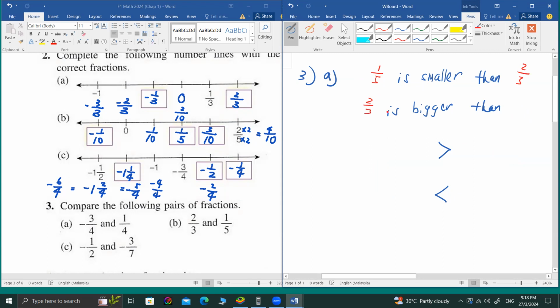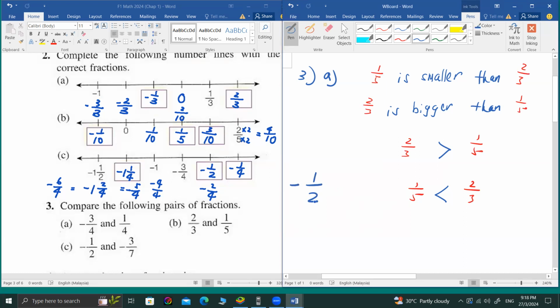So 2 per 3, 1 per 5, or 1 per 5, 2 per 3. Just get one. No need to write all 4, you know. Don't write all 4. Write one only, get it? Understand? Just how I told you already, no need to write all. Write one only. Just choose one to write. Okay, this one.